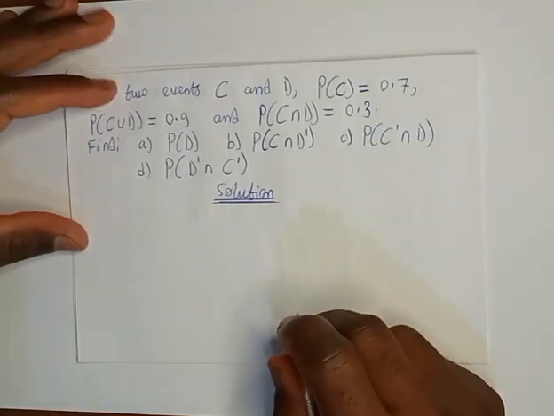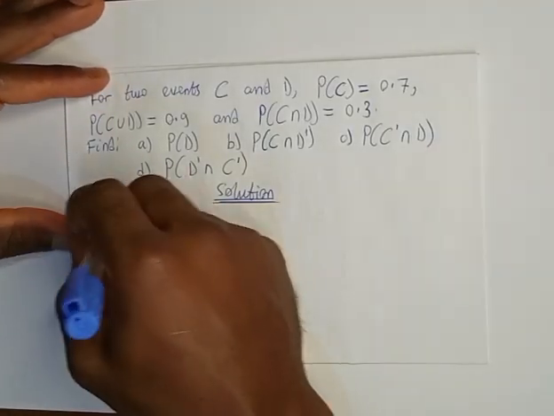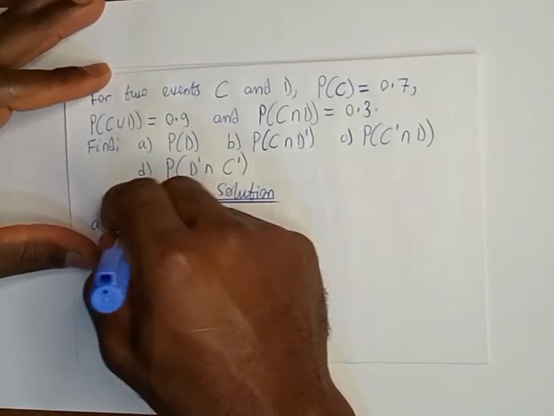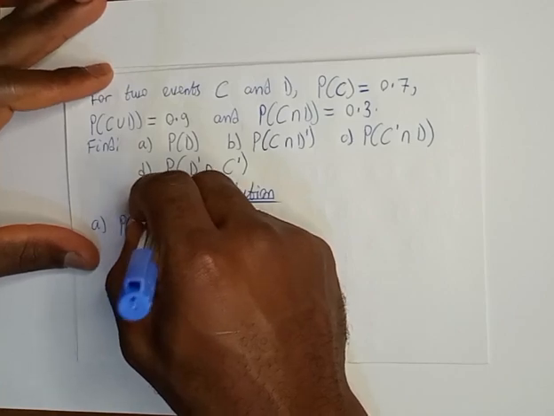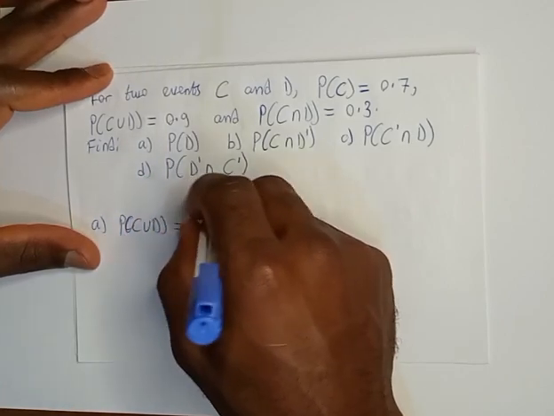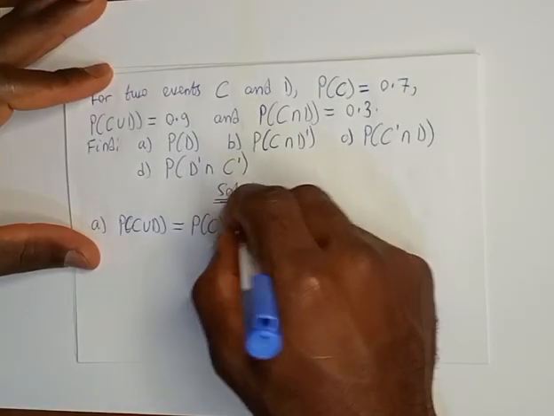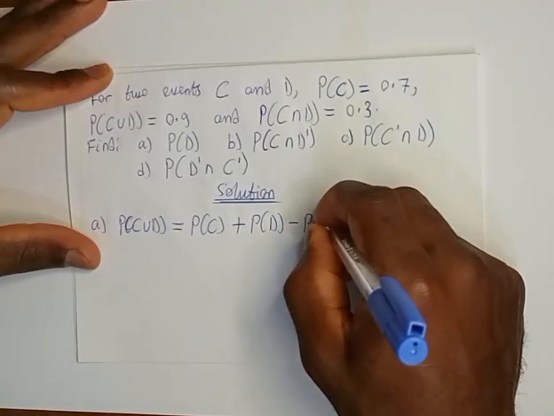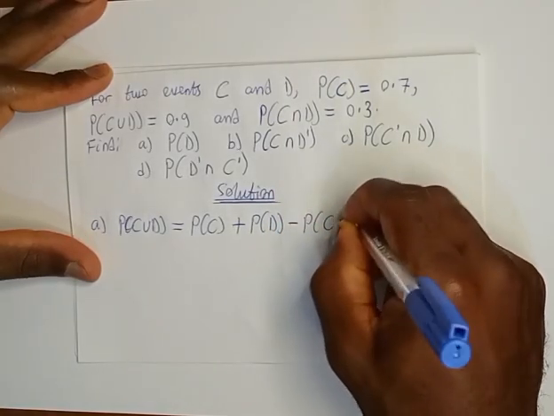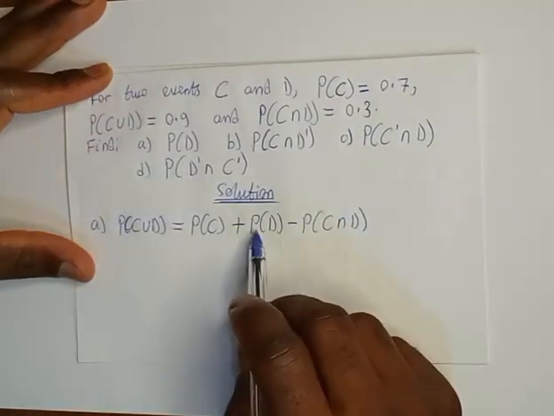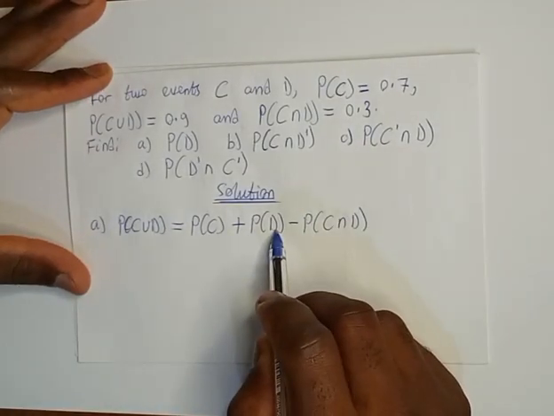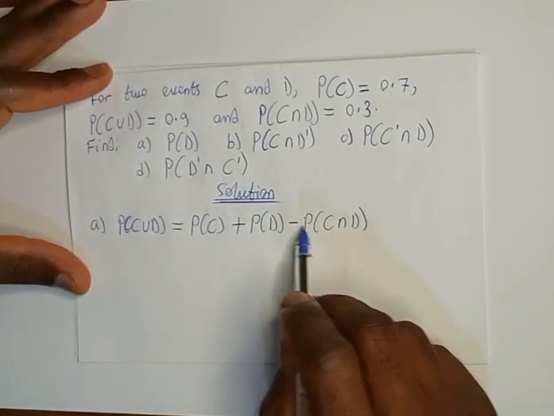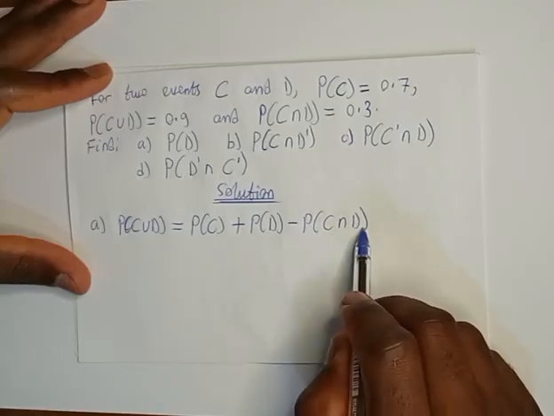We are going to make use of the combined formula. For A, we know P of C union D is equal to P of C plus P of D minus P of C intersection D. Making P of D the subject of the formula means we have to transfer P of C to the left and negative P of C intersection D to the left.